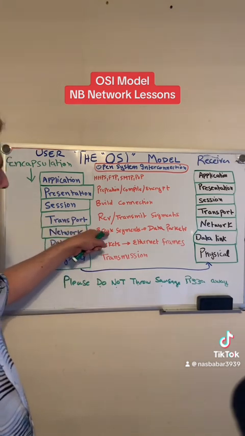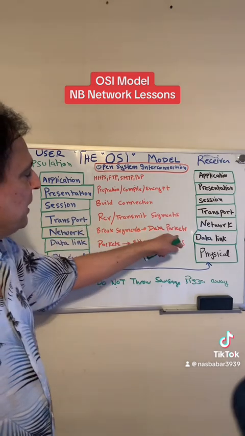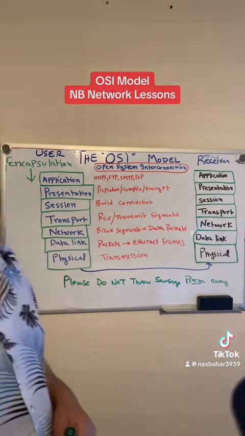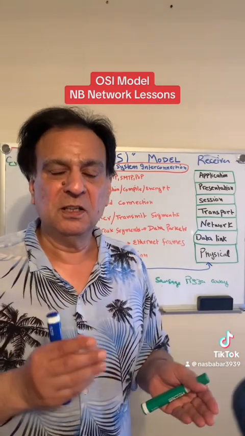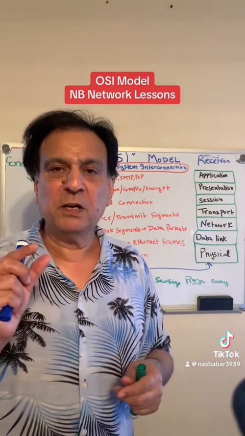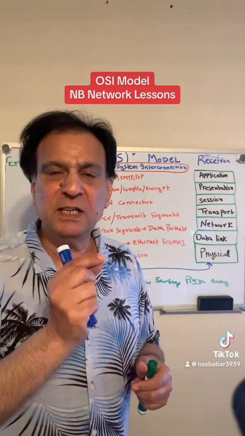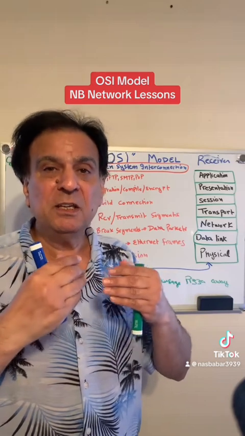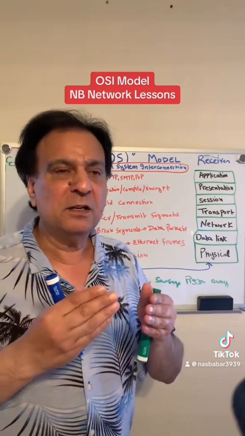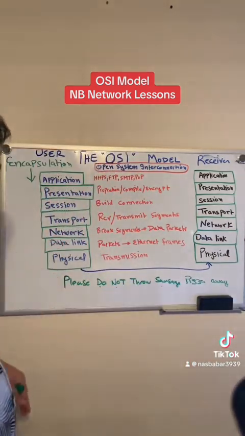Number one, the segments are broken up and converted into data packets, and also it has to find where the destination is. If you go back and look at my IP packet lecture, you will see it has a source IP and a destination IP, and that destination IP is used by routing to find where I need to go. So that's your network layer.